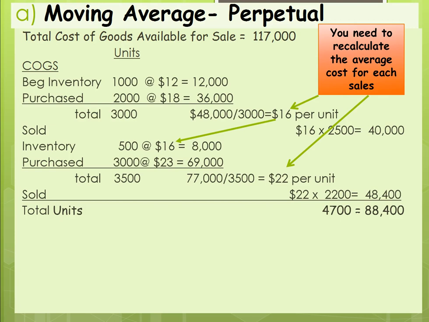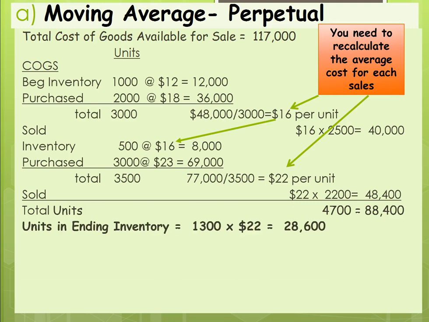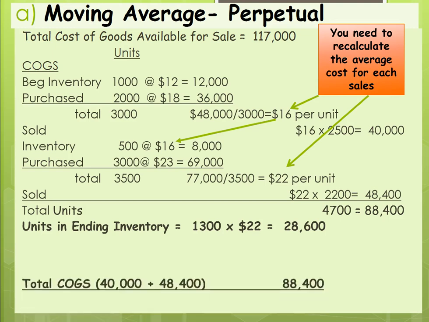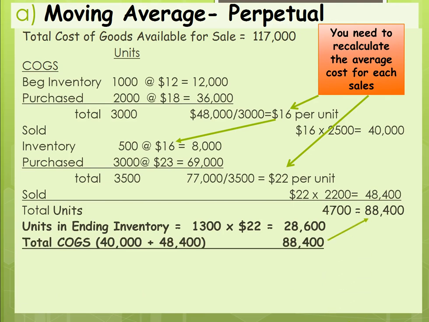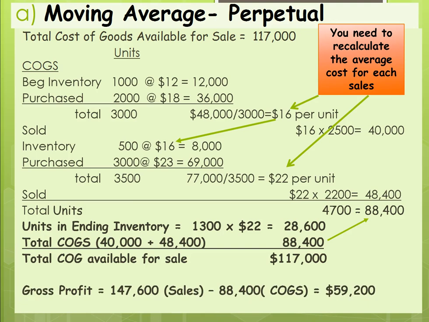When we add those up, our cost of goods sold is going to be $88,400. Units in ending inventory would be 1,300 times 22, and that would give us 28,600. When we add those together, again, we get the 117. Our gross profit would be $59,200.